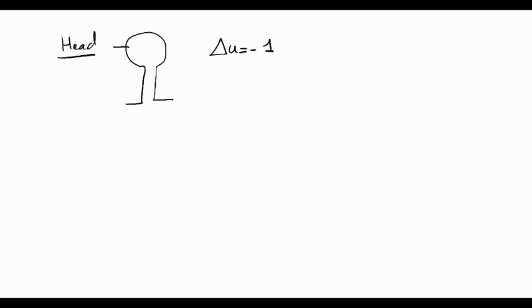For this, we are going to use what we developed for the narrow escape theory, which is the Green's function of the head only: Laplacian G equals minus delta Dirac, and dG/dn equals -1 divided by the volume or the surface of the head.